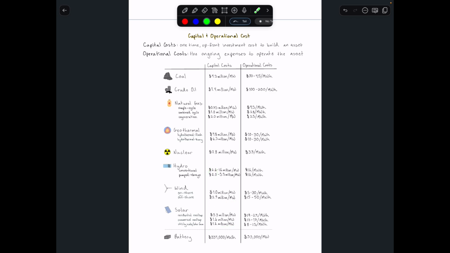And then if we look over at operational costs, by far the most expensive resource is crude oil. Crude oil power plants are the most expensive because they use crude oil products that have competing resources. So for example, combustion turbines, the power plant that uses kerosene or naphtha.